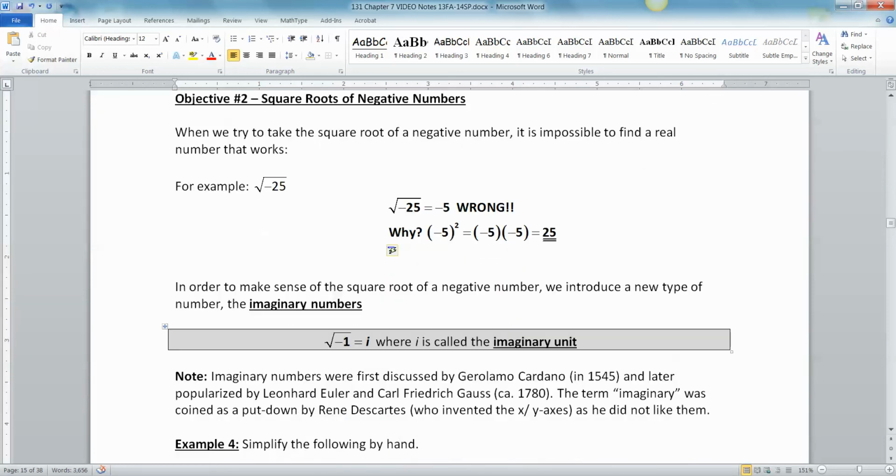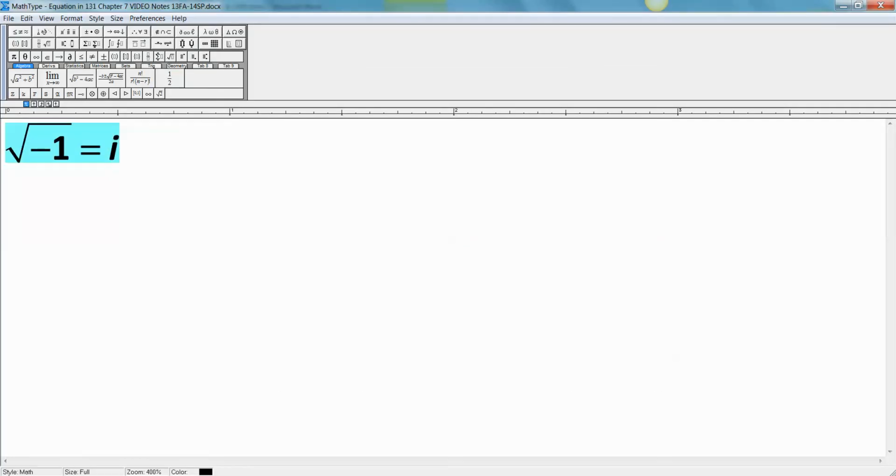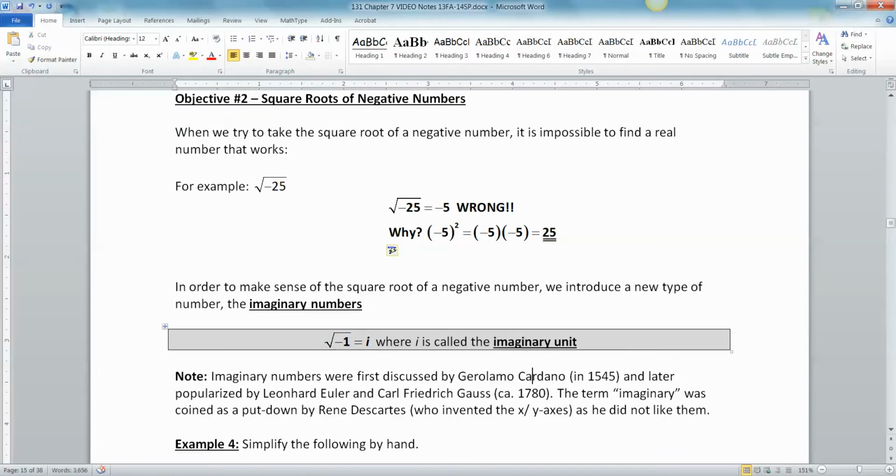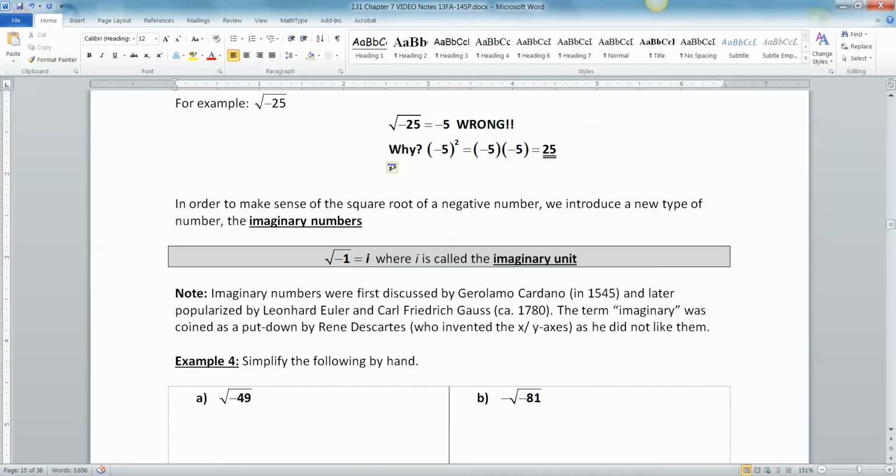So back in the day, they invented a new number system called the imaginary number system, wherein the square root of negative 1 is equal to i by definition. They just call it i. That's called the imaginary unit. It was first discussed by Girolamo Cardano in the 1500s, but it was later popularized by Euler, the same Euler that we learned about in Chapter 5, and Carl Friedrich Gauss, one of the greatest mathematicians of all time.